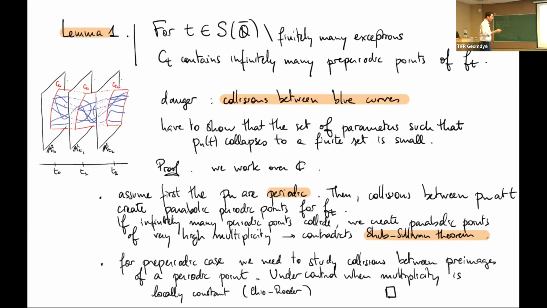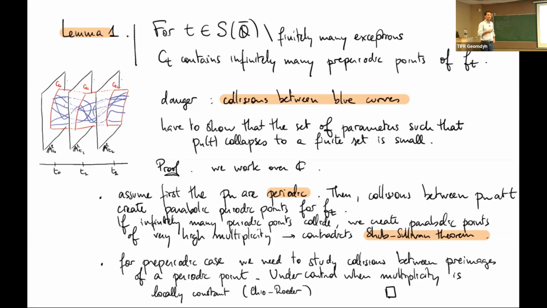So first, assume that all these blue curves are not preperiodic points, but curves of periodic points. Now, you know what happens when 2 periodic points collide. What you have in the fiber of collision is a parabolic point, so a point of bigger multiplicity. Now, if infinitely many periodic points collide at this curve, it's not true that you will get a point of infinite multiplicity, but at least the multiplicity of the collision points grows with the iteration.